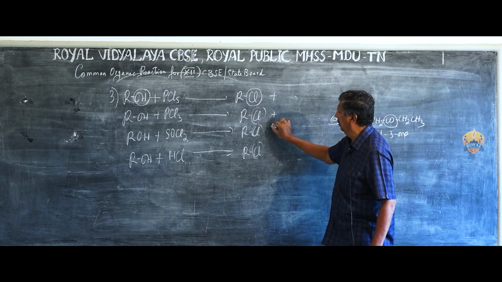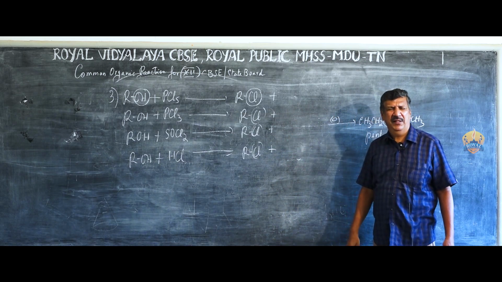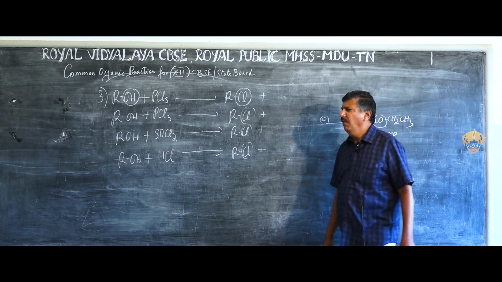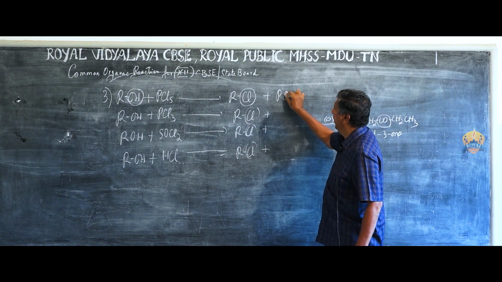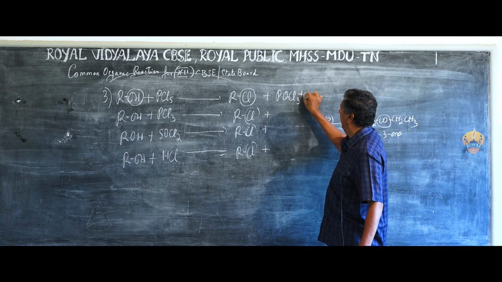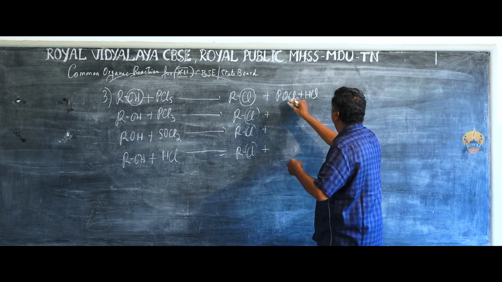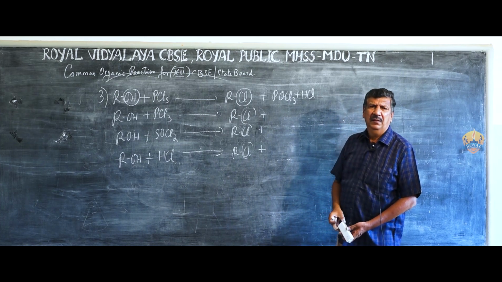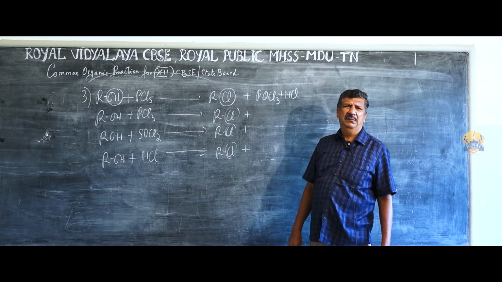These are what I am going to write as byproducts. They are all byproducts. For any PCl5, you should add these two byproducts. You do not name the formula.